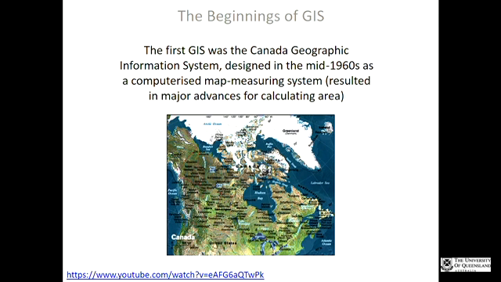So really, a major advance in computerizing an inventory of natural resources was calculating areas. I'm not going to show it to you, but there's a video here from the 1960s. You can see it's very dated, but it really explains the origins of GIS and why they developed the Canada Geographic Information System.